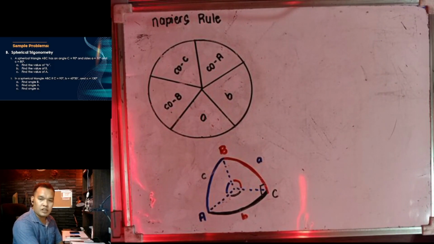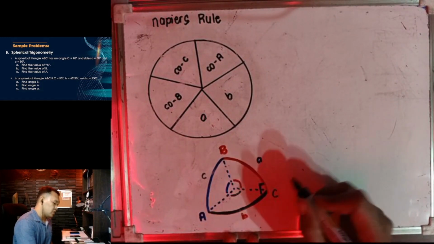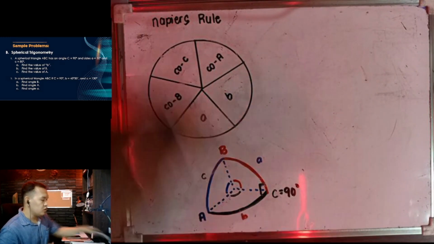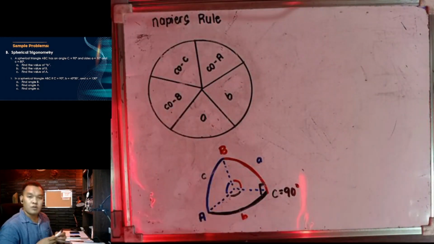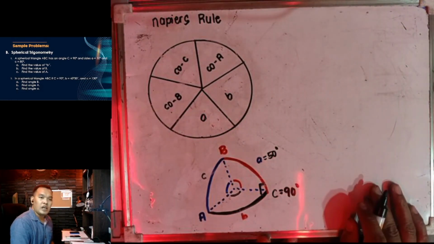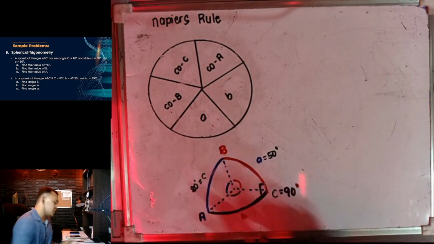So, the given, based dun sa ating is, so, si angle capital C, which is equivalent kay 90 degrees ito. So, ito ay 90 degrees. Then, we have also given sa ating formula, which is A, which is equivalent kay 50 degrees, and C, which is equivalent kay 80 degrees.